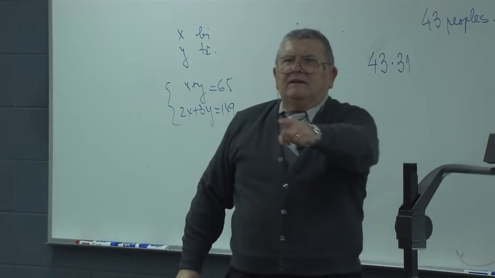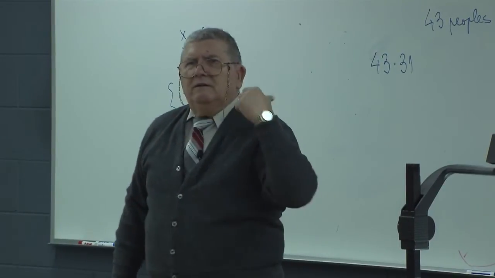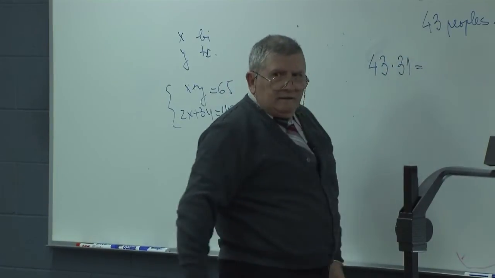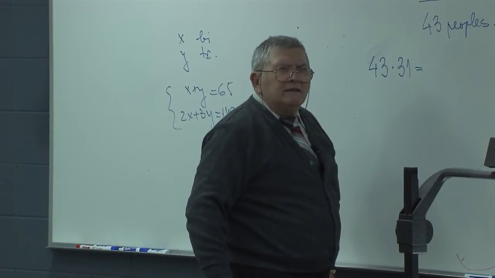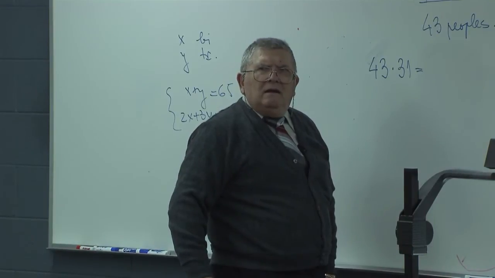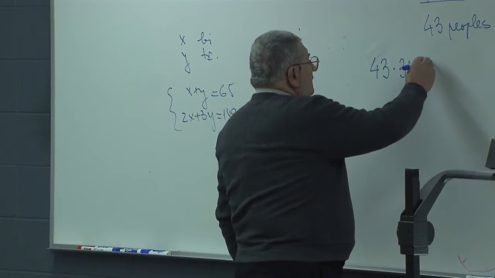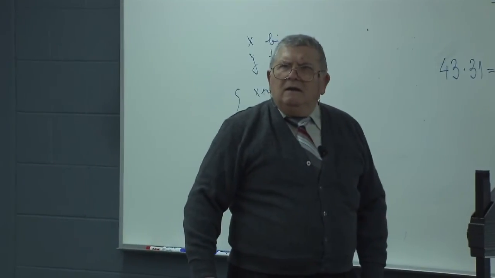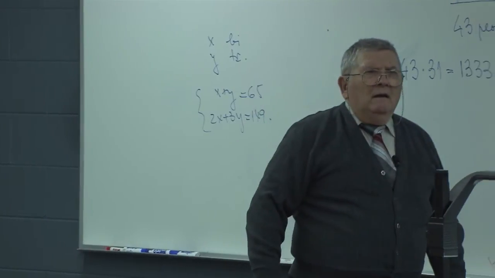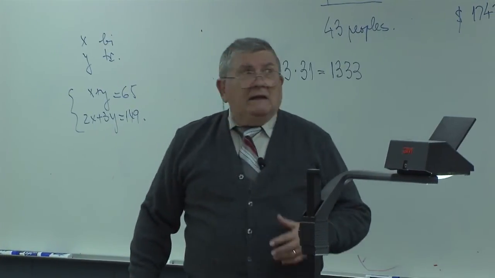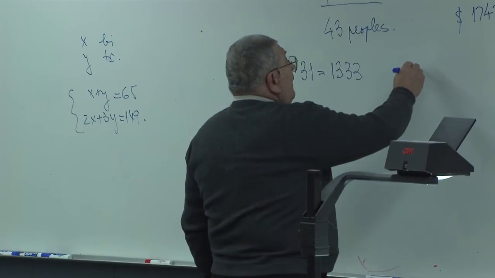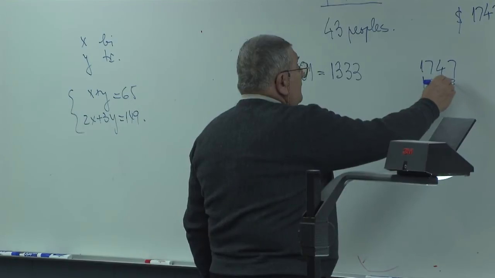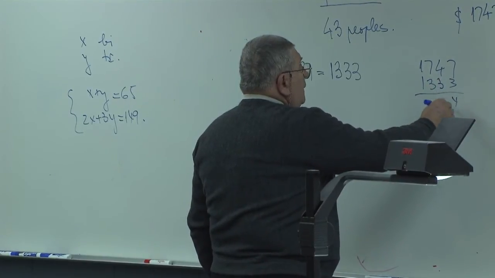Can you give me 43 times 31? 1333. Okay. So therefore, they paid 1747 minus 1333, 414.